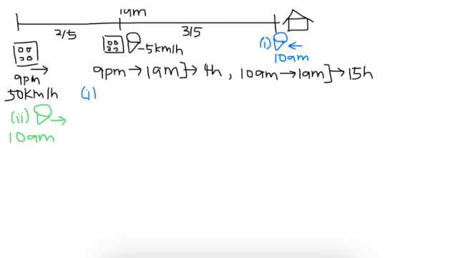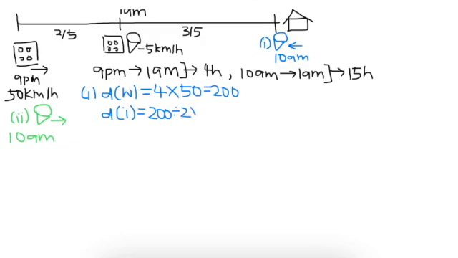For part 1, we can find the distance of W, which is the wafer, as 4 hours, because it traveled 4 hours, times 50 kilometers, and this gives us 200 kilometers. Then the distance of the ice cream will be 200 divided by 2 times 3, because it's 3/5 instead of 2/5, that's why we get 300.